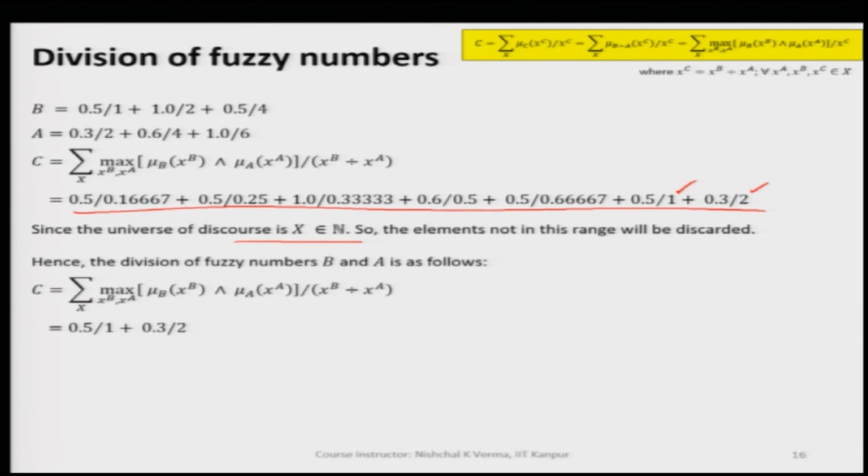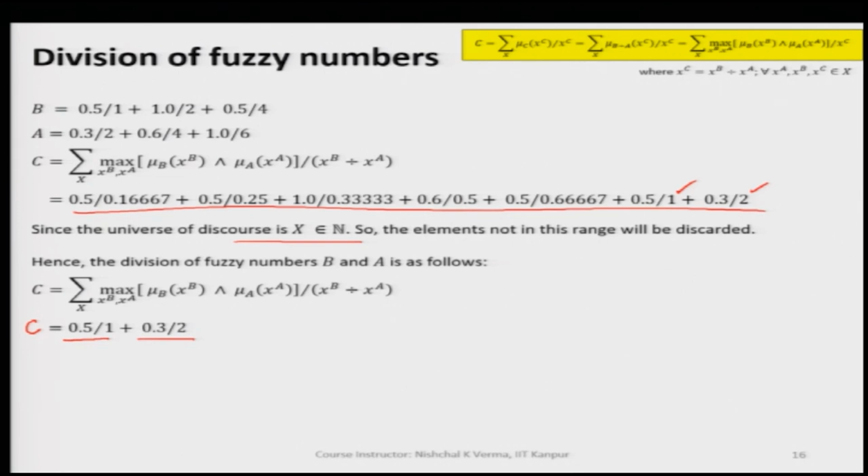So, that is how we discard other elements and only we are keeping here 0.5 by 1 and 0.3 by 2 as the elements of the resultant fuzzy set.